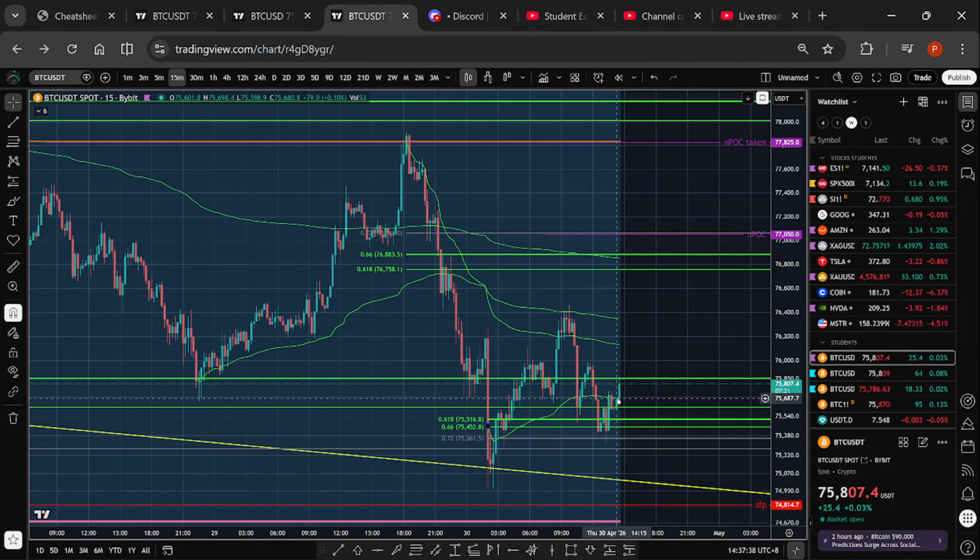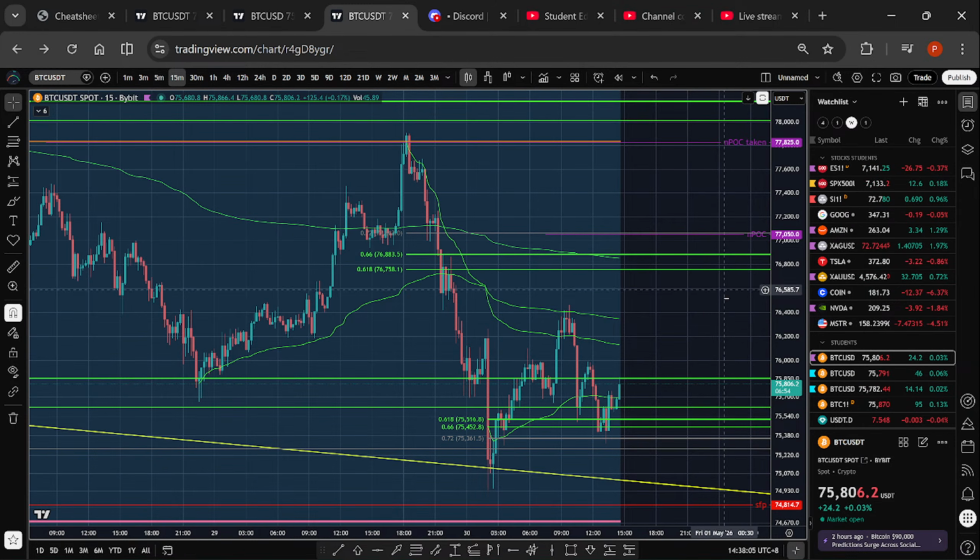Okay, it's just done that now. So now what we need this to do is to confirm this market structure of the high, low, higher high, higher low, higher high, higher low, higher high, and then when it gets to here, we see what happens. If there's no reaction, there's no trade.